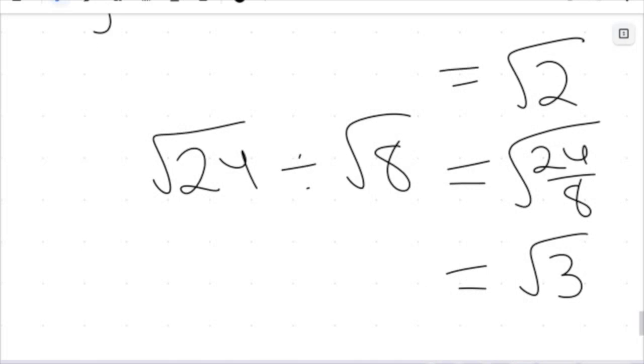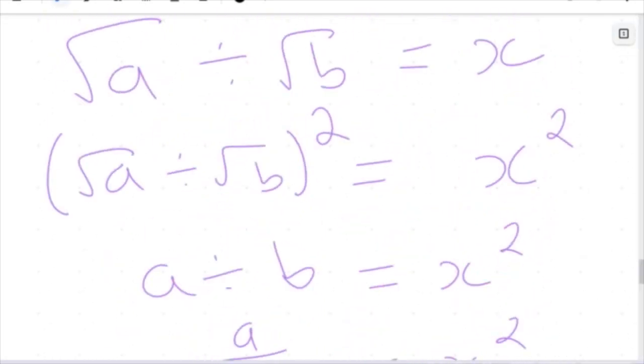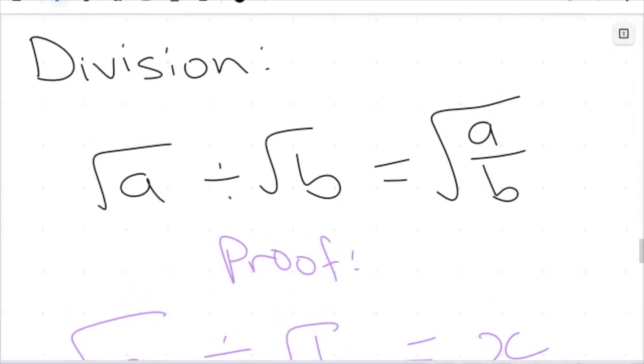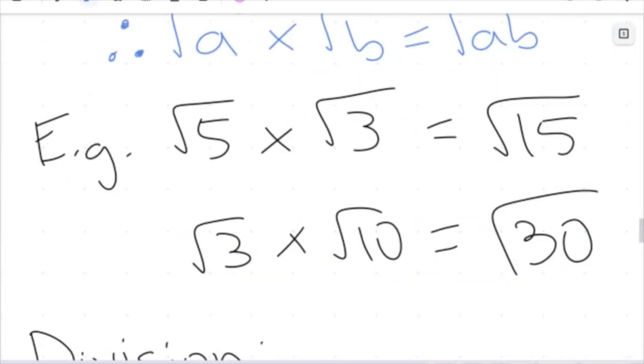You're adding, subtracting, multiplying, dividing. We can apply all of those to surds in these different ways. So one of the operations is division. And we identified this particular rule, that dividing one by the other is the same as just dividing those but under the same square root sign.